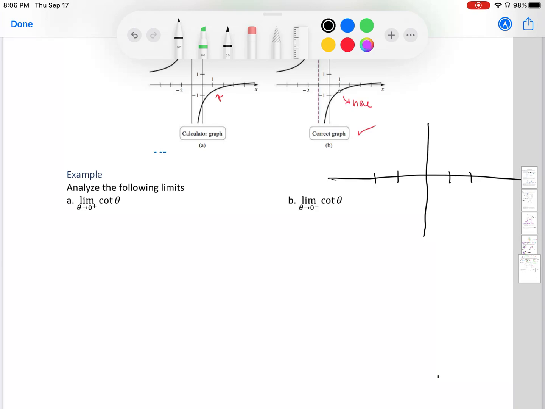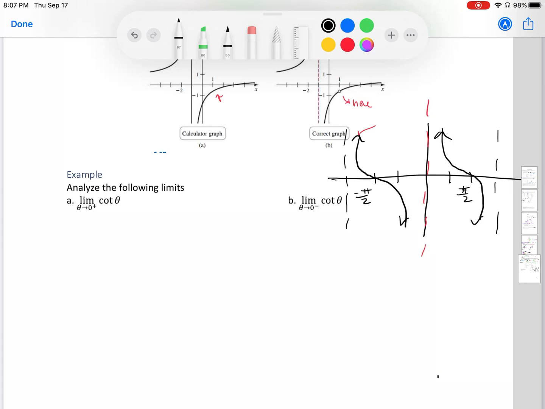As we graph these values, we have these branches, and these branches have asymptotes that do not cross. These are your graphs of cotangent, and you have repeating dotted lines that are your asymptotes.